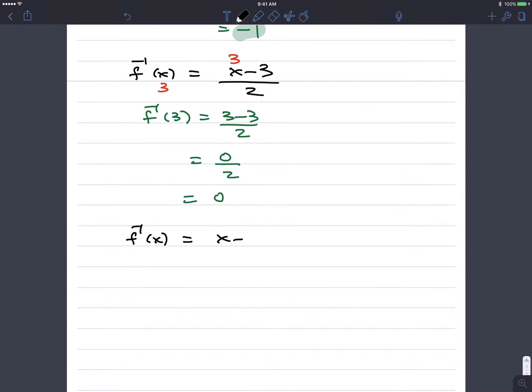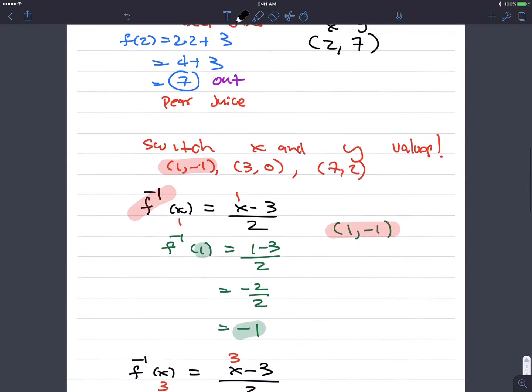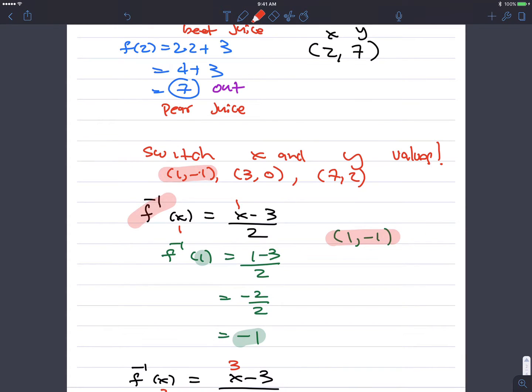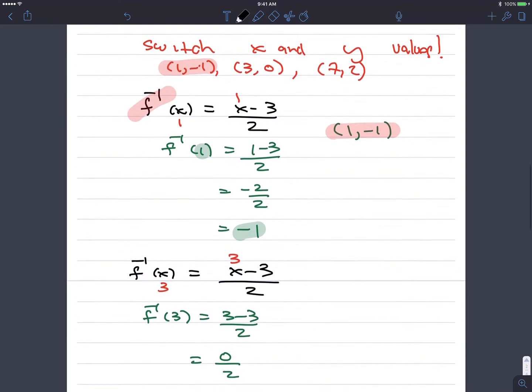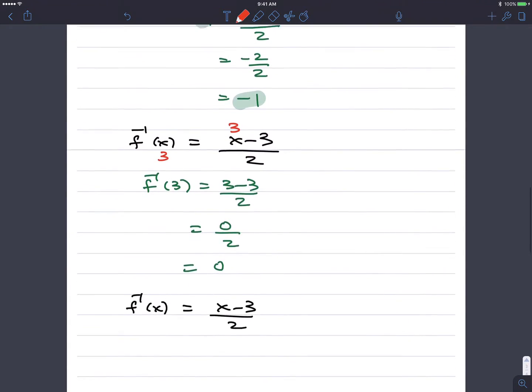Okay. Now, what's the last one? Just to double check. Let my input now be 7. It should give me an output of 2, if it's truly working in reverse. So let's see if the input of 7 now gives me a 2.